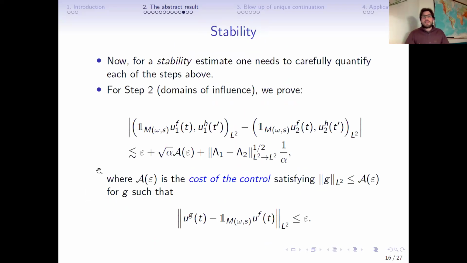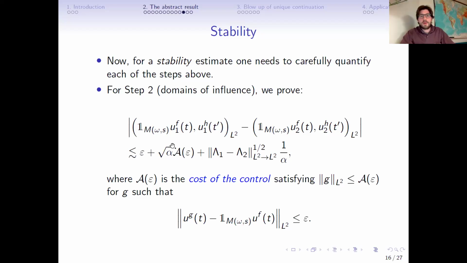I still need to say a few words about the stability. So the main point is, when we recover the inner products localized in domains of influence, the key quantity that we need to make this quantitative.